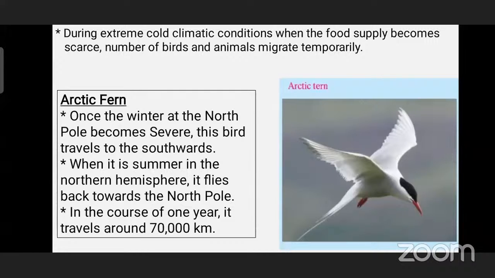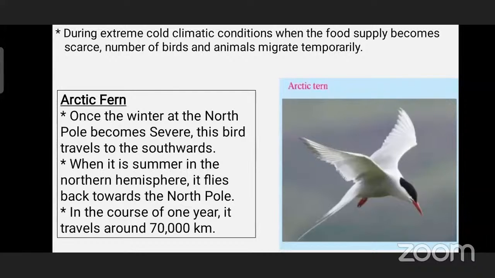Again, when summer starts in the North Pole, it comes back. When it is summer in the northern hemisphere, it flies back towards the North Pole. How much does it travel, students? In the course of 1 year, it travels around 70,000 kilometers. So this is the Arctic tern.